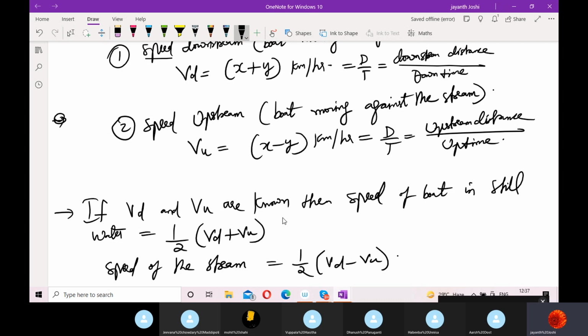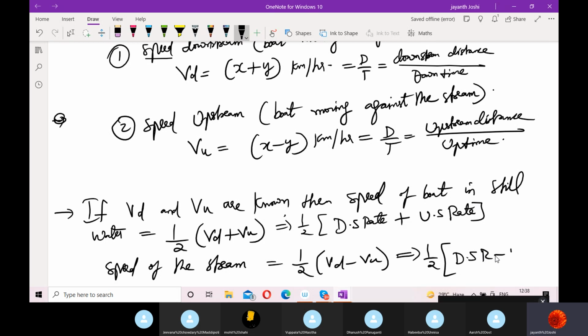And here half of downstream rate, that is speed, plus upstream rate, and here half of downstream rate minus upstream rate. Rate means speed. All of you make a note of all this.